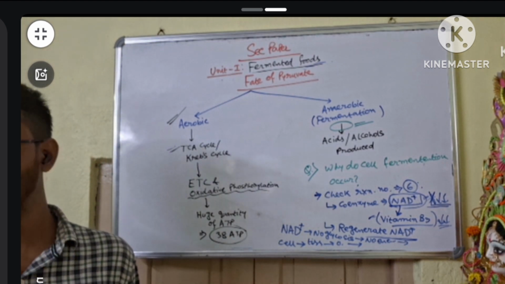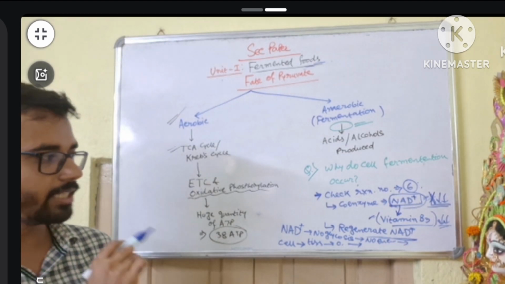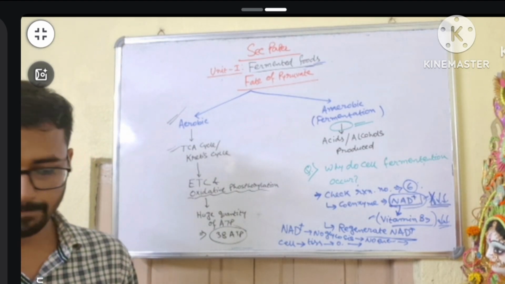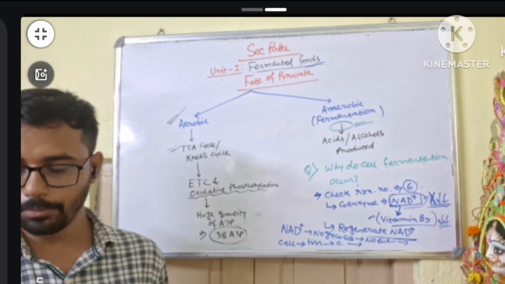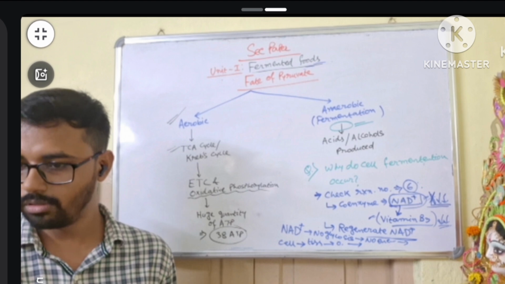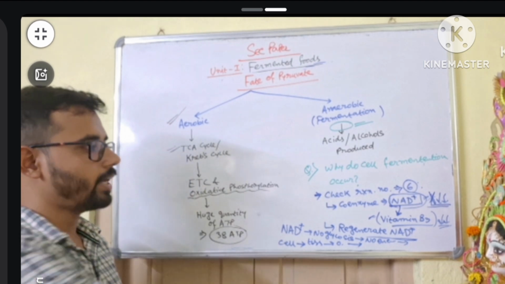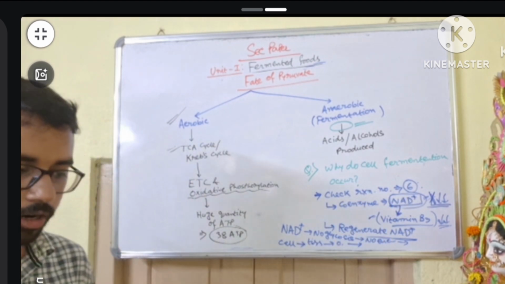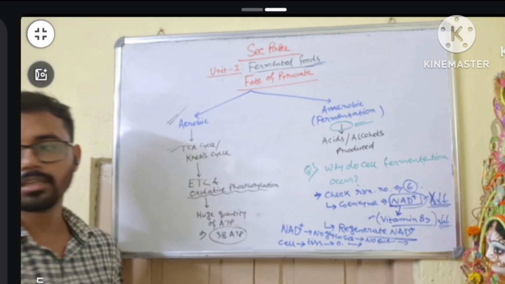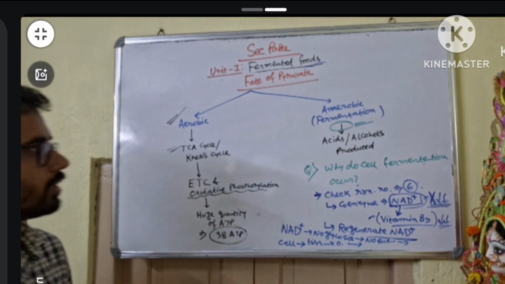So one of the important molecules during glycolysis is NAD plus, which comes from vitamin B3. And vitamin B3 is limited inside the cell. It is not plentiful. So you need to regenerate, and for this regeneration, bacteria do these additional steps.